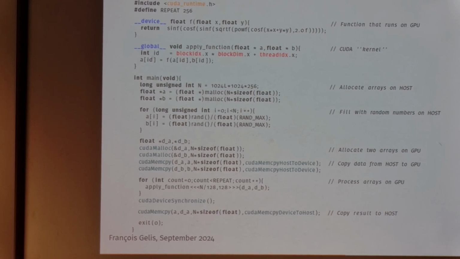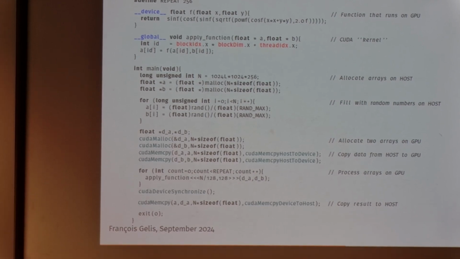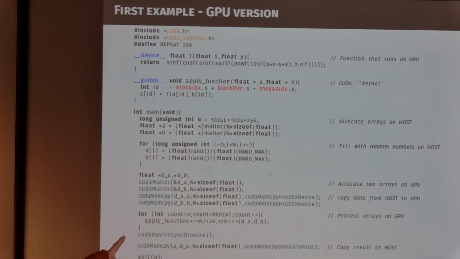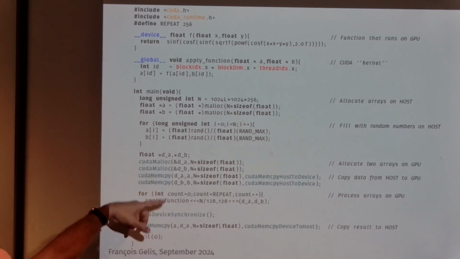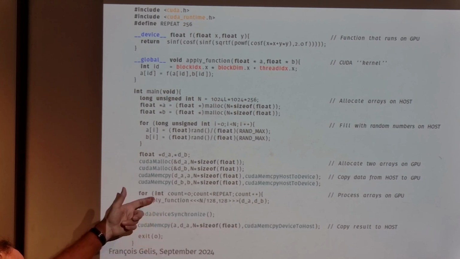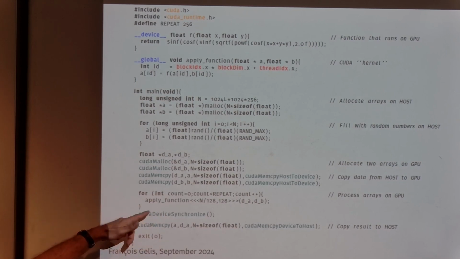CUDA, the function CUDA device synchronize without any arguments will just pause there until all queued computations on the GPU have been finished. Because one thing I should mention is that this call here is a call to run in parallel on the GPU. It will return to the host before being completed. So it will just queue 256 of these calls and return immediately, probably before they are finished.